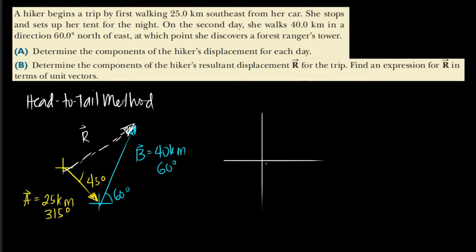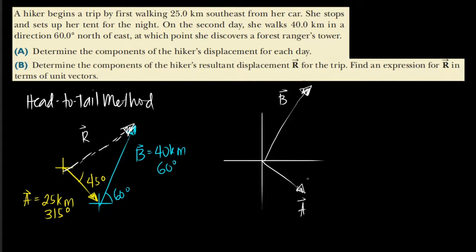So 45 degrees, in the middle of south and east. This is our first vector A. And then the second vector is 60 degrees north of east, above east. This is our vector B. So, how do we do the parallelogram method?